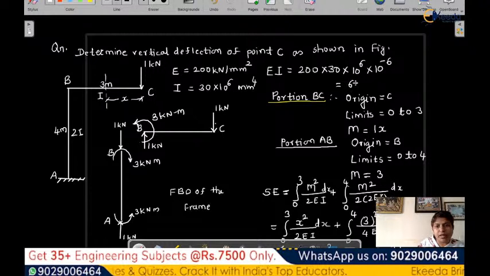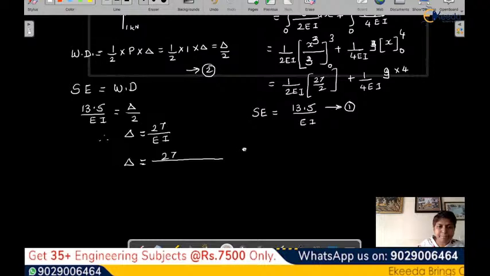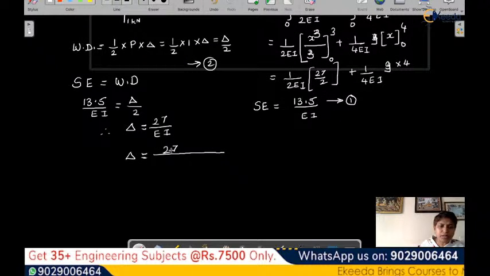Then we arrive at 6000 kilonewton meter square. We substitute this value over here, so delta is equal to 27 by 6000 kilonewton meter square.